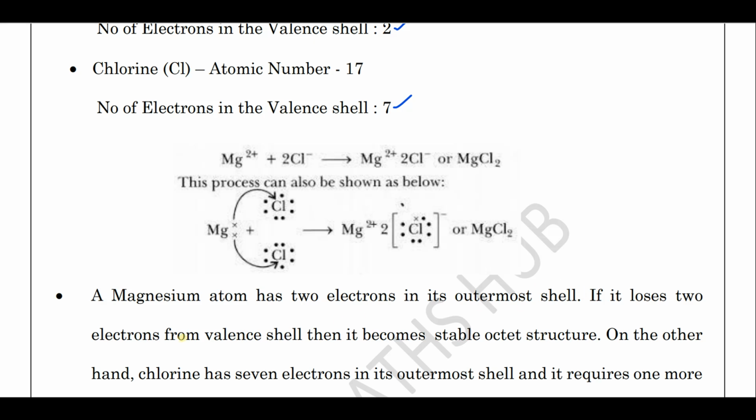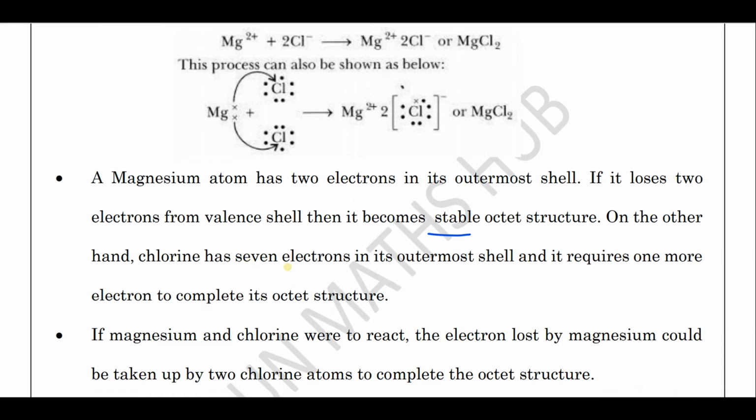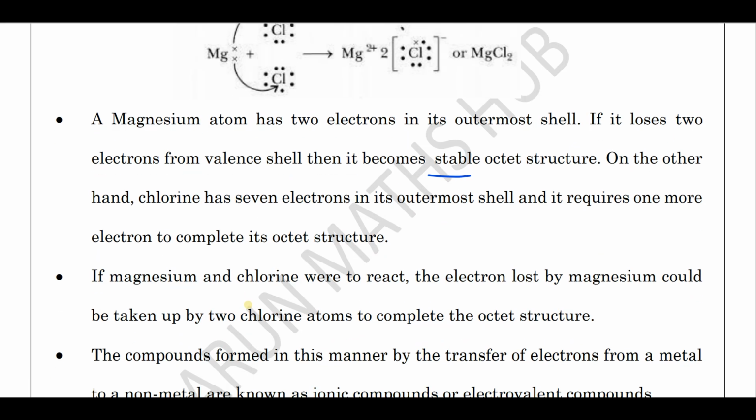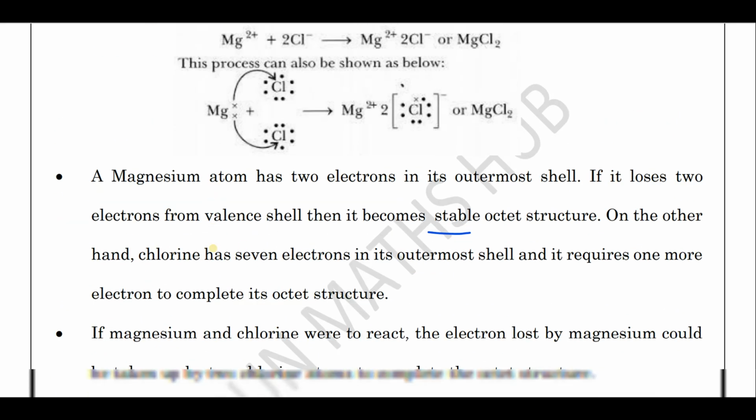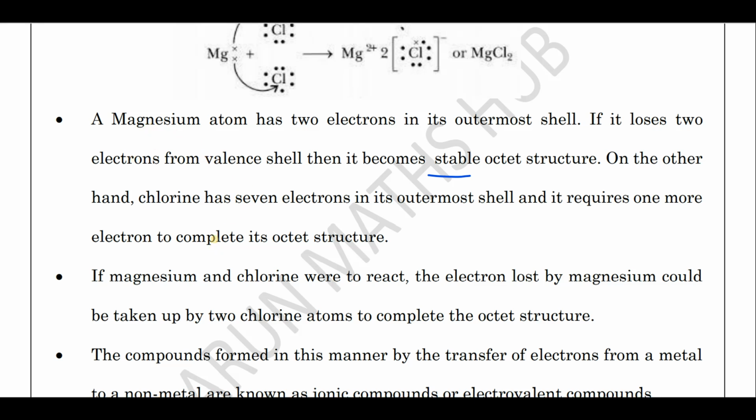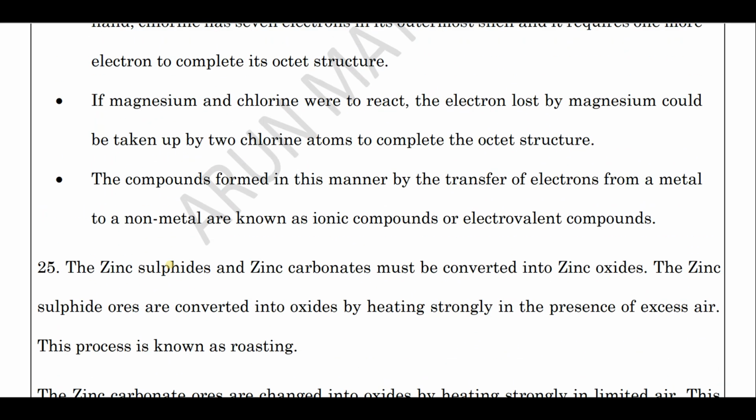If it loses 2 electrons from the valence shell, it becomes a stable octet. On the other hand, chlorine has 7 electrons in its outermost shell. It requires 1 more electron to complete its octet structure. What happens now? Magnesium donates electrons to chlorine, right? In this way, the transfer of electrons happens between a metal and a non-metal, which results in the formation of an ionic compound.